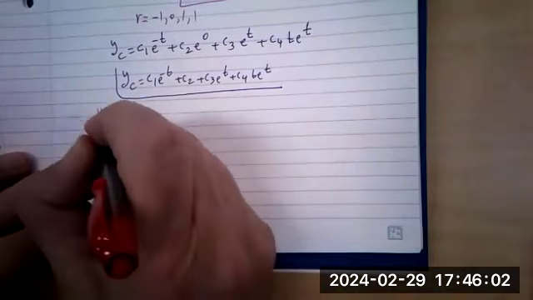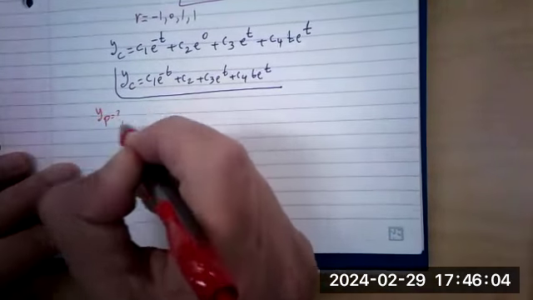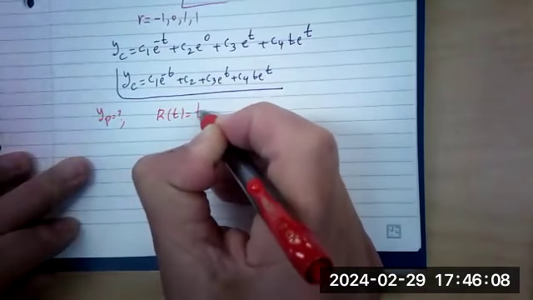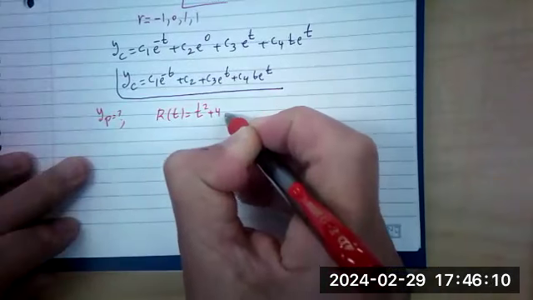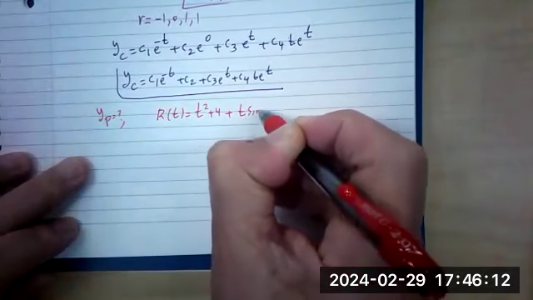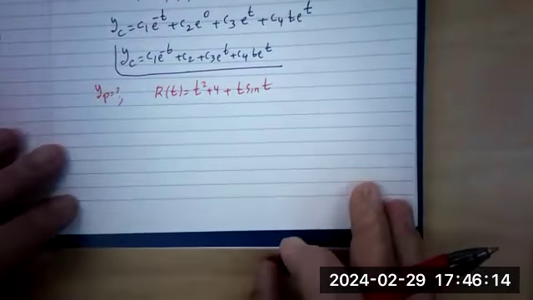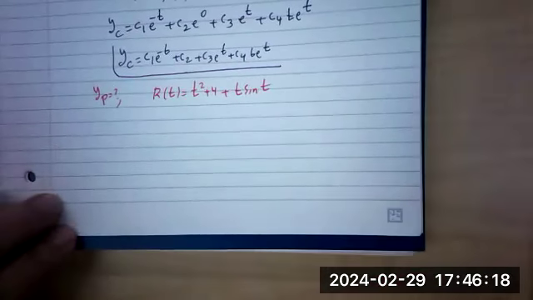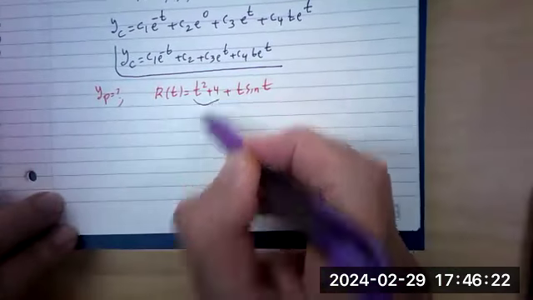You need the yp. Bring r of t in this case and compare: t squared plus 4 plus t sine t. As we talk about it, we do it separately. Check this one first.